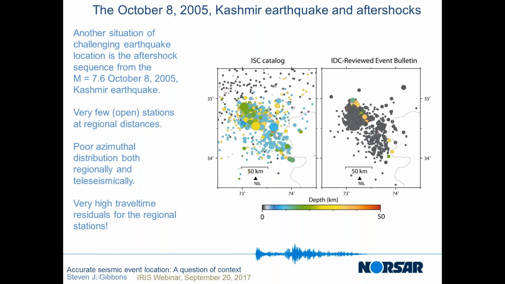But there was a lot of data from regional stations which wasn't included in any of these bulletins, and I wanted to understand how much we could improve the locations by exploiting these. For example, if you look for the Nilor station, it doesn't appear in either of these bulletins, whereas it's by far the closest to the open stations at the time.